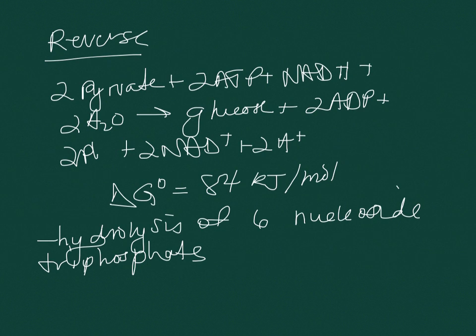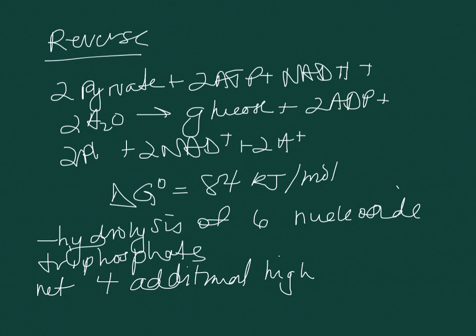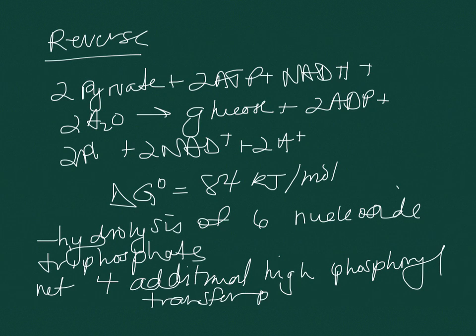So we require a net of 4 additional high phosphoryl transfer potential molecules. I'll write that down. High phosphoryl transfer potential molecules to drive gluconeogenesis and make it energetically favorable.